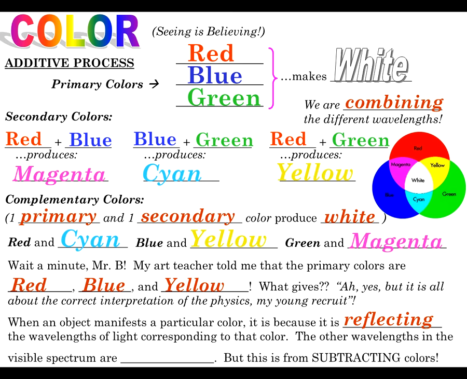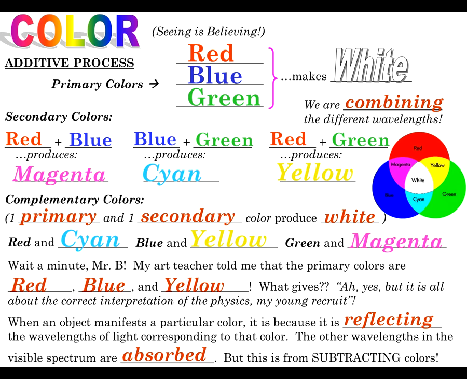That's why it looks red. The other wavelengths in the visible spectrum are absorbed. So this is different than adding wavelengths of light. This is now basically subtracting all the colors but the one that's not being absorbed, so it's being reflected. And that's the color that you see.